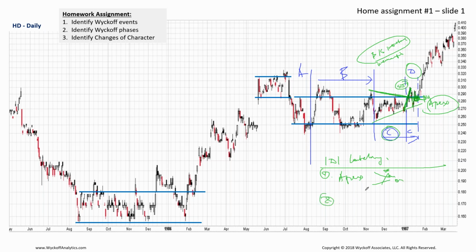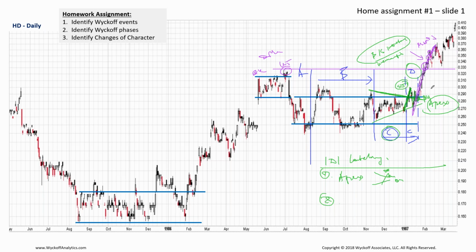And then the second label in here, which is also acceptable, is going to be more about a much larger phase D. So we could say that this move to the upside that overcomes the upthrust action and the buying climax of the distribution formation is a major sign of strength, and by definition the price goes through the trading range and commits to the upside. Look at the commitment, so many closes above.